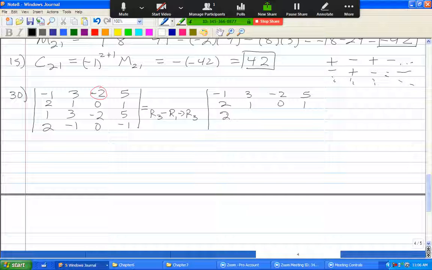So there'll be a 2, 0. 1 minus a -1. 1 plus 1 is 2. 3 minus 3 is 0. -2 plus 2, that's 0. 5 minus 5 is 0. I could go along this now. And keep this the same.